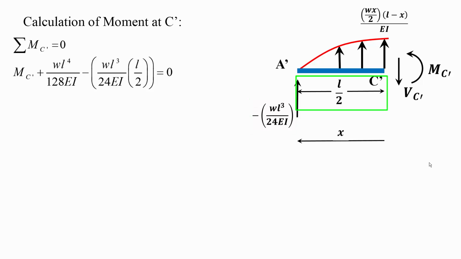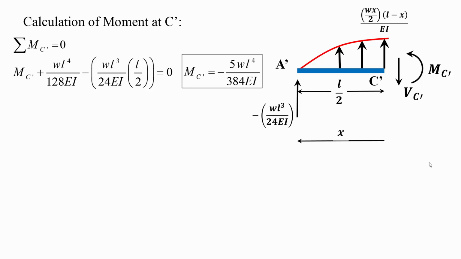So I'm summing MC prime plus the moment caused by the parabolic shape and the moment caused by the reaction at point A prime, and setting that equal to 0. If I do so, I will get MC prime equals minus 5WL to the fourth over 384 EI.